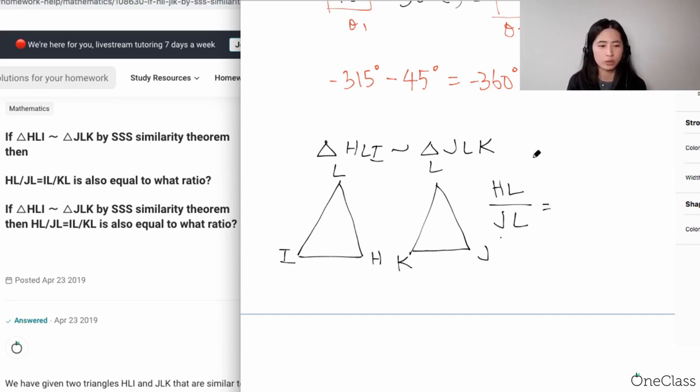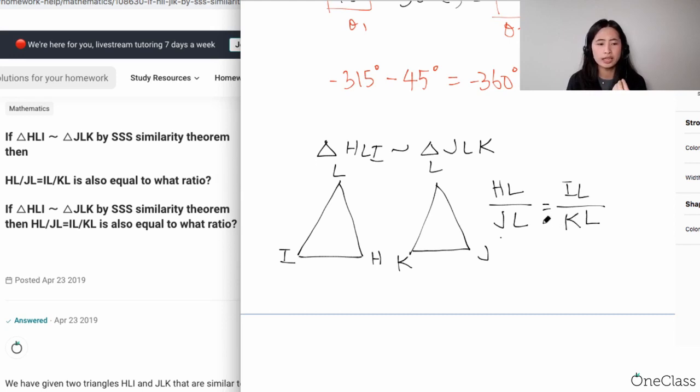And this is going to be equal to IL, which is right here, and KL, which is right here. So it's really important to split up your triangles into two fractions. One fraction comes from HL and JL, and the other is IL over KL, if that makes sense.